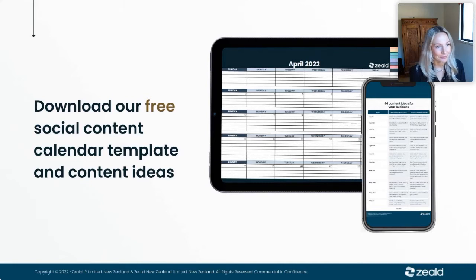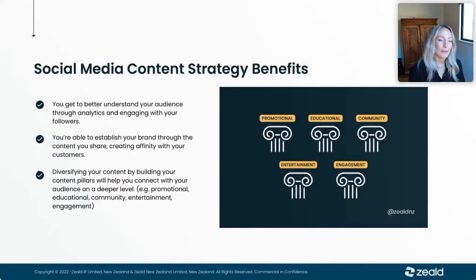All right, well, before we get into the actual content creation part of this webinar, I just wanted to cover off really briefly why it's even important to have a social media strategy in place. Well, first of all, it's obviously crucial to understand your audience so that you can develop a social media strategy that caters to that audience.